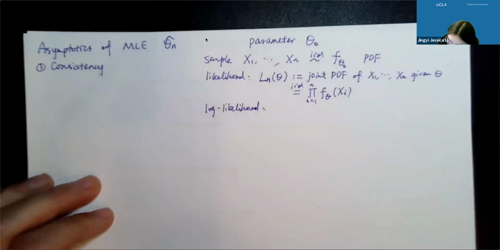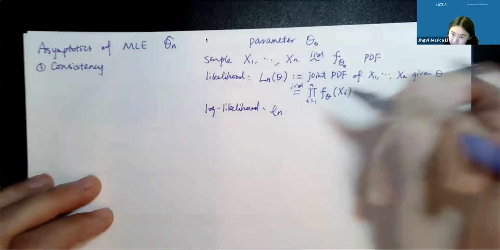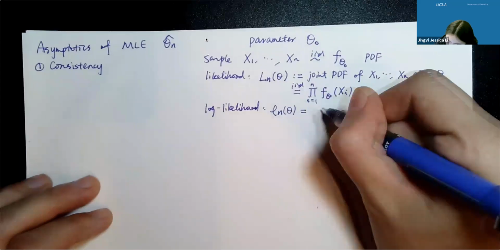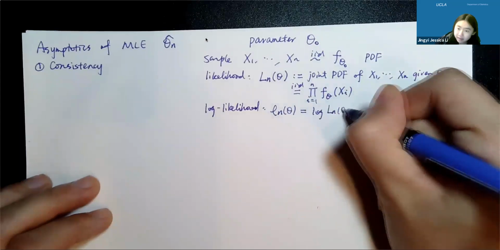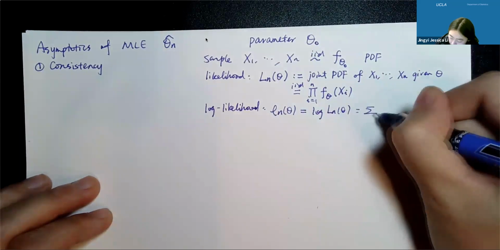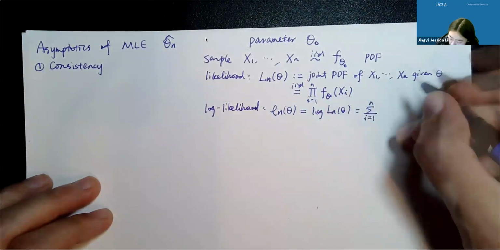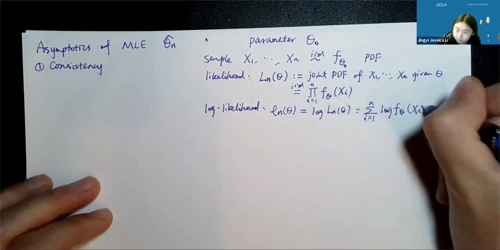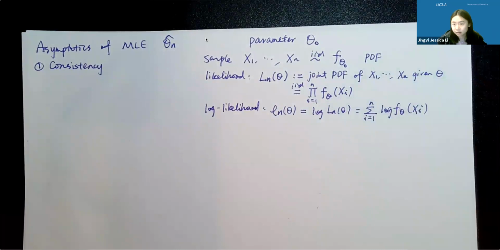We denote it by lowercase ln theta, defined as log of Ln theta, and then I can write it as the summation from i equals 1 to n of log f theta xi. That's my log likelihood.